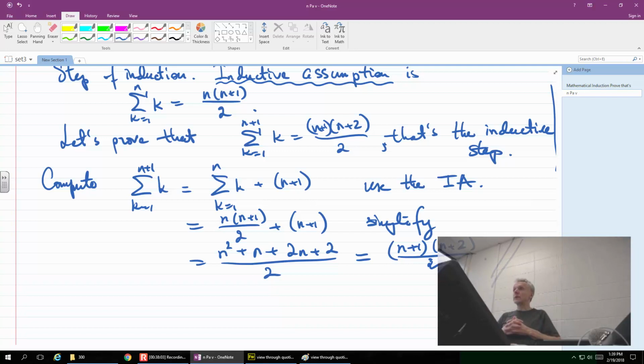Any questions? Okay, so the variety of problems you can address in this fashion goes throughout mathematics. That's why it is unavoidable. All kinds of formulas.